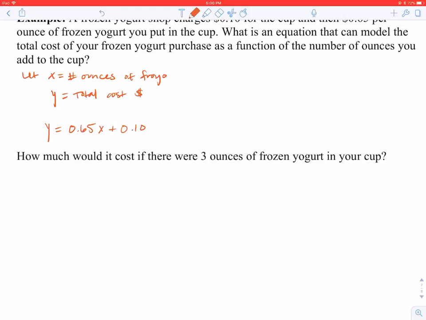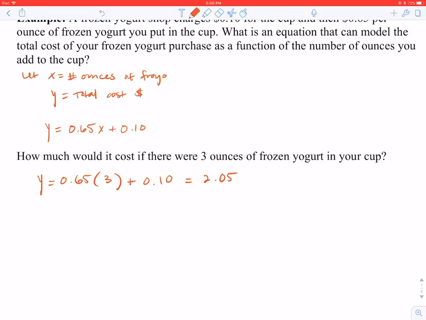Okay, so we want to know how much would it cost if there are 3 ounces of frozen yogurt in your cup. Well, we're given the amount of froyo and we want to solve for the total cost, which would be Y. So I'm going to substitute 3 in for X, and when I simplify that, I'll get Y equals $2.05.